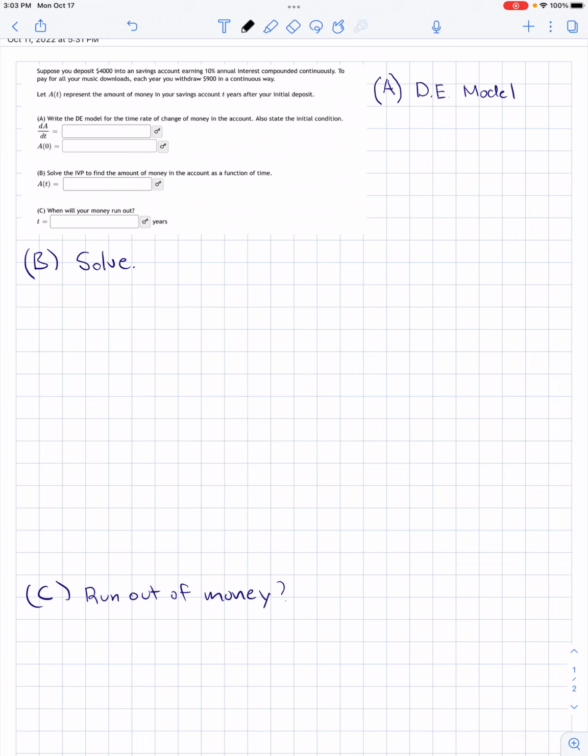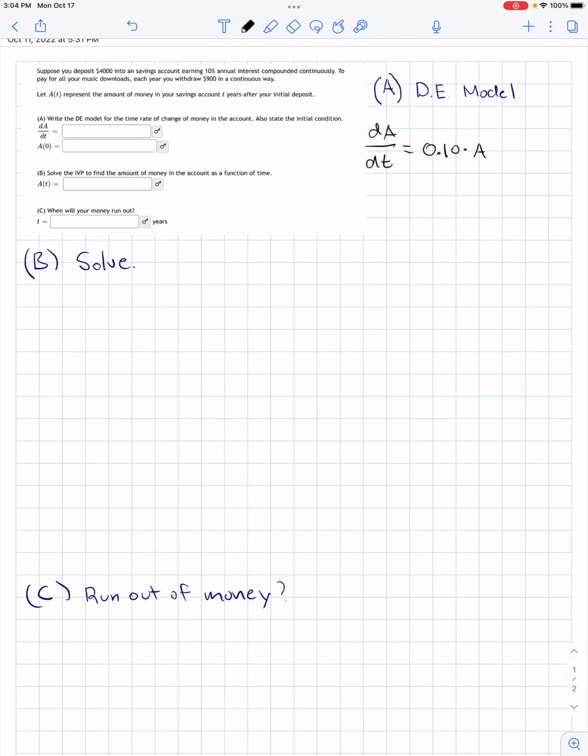So, part A, we're going to create a differential equation model, and it's partly already written for us. dA/dt will equal, when you read this, we know it's a 10% annual interest, which essentially means we will have 0.10 times the original amount, or the amount.